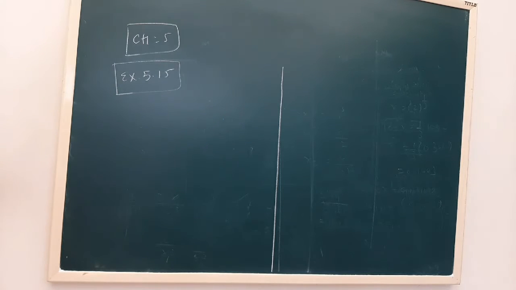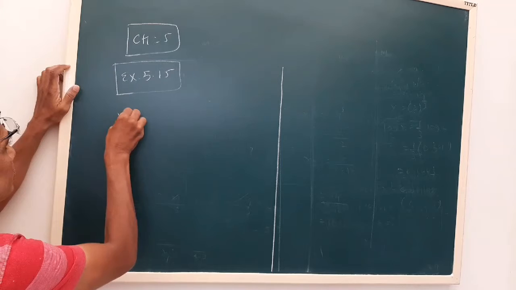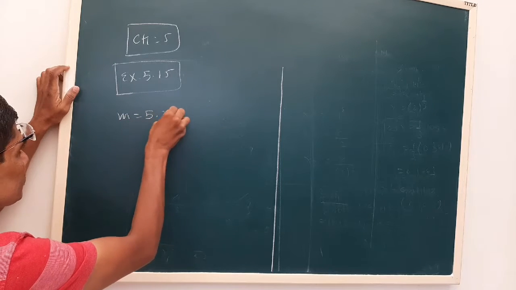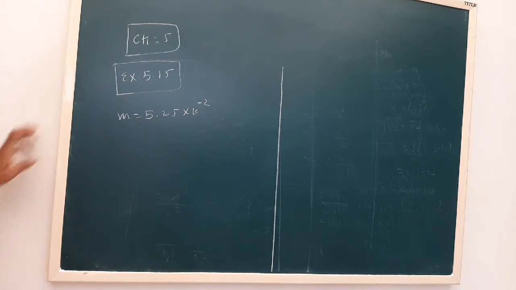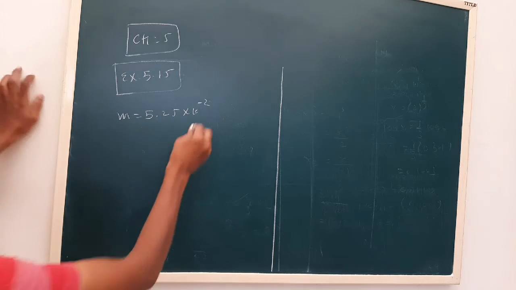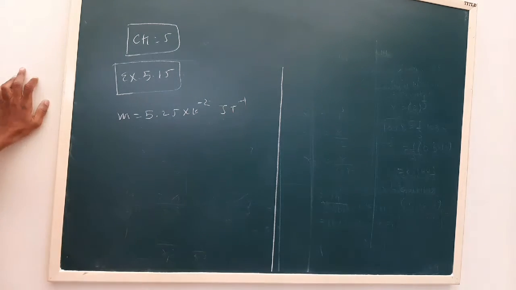Now see, a short bar magnet has a magnetic moment of 5.25 into 10 to the minus 2 joule per Tesla. It is placed with its axis perpendicular to the Earth's magnetic field.